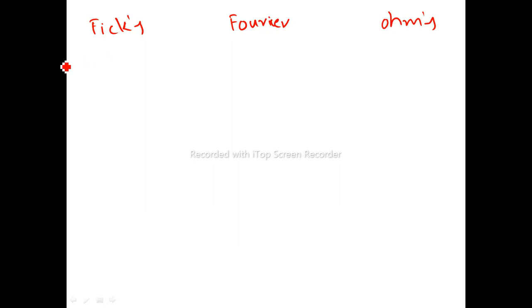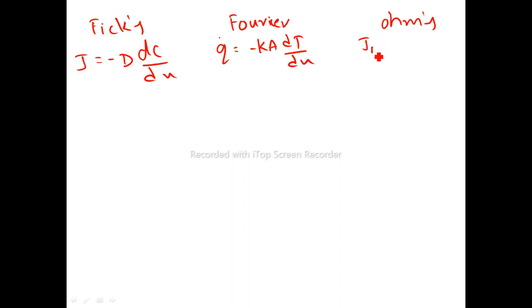So Fick's expression, we know this, flux is equal to minus D into dC by dx, whereas for Fourier, heat flux is equal to minus kA into dT by dx, whereas for Ohm's law, the flux of electric current is equal to electrical conductivity into the electric potential gradient, dV by dx.